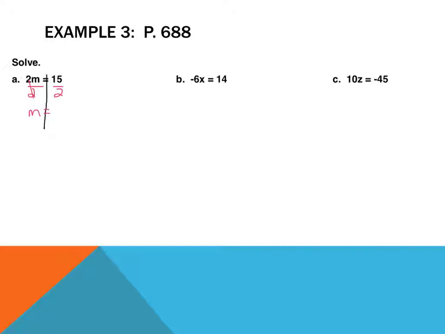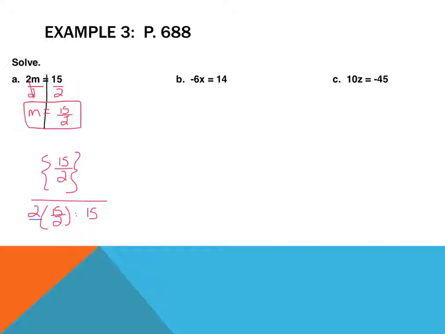Anytime it doesn't reduce, you just keep it in fraction form, and an improper fraction is fine. So that A is just going to be m equals 15 over 2. And we'll write that in set notation.